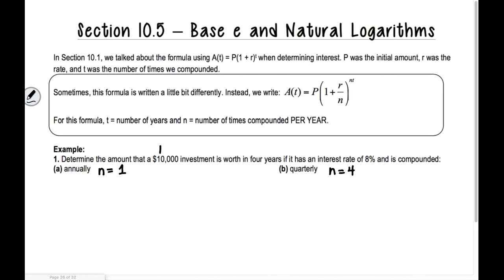Our P value is the $10,000. Our r value is 0.08. That's how we write 8%. So the amount after 4 years, t equals 4, is our initial amount $10,000 times 1 plus our rate 0.08, divided by the number of times we're compounding, which is 1 in this case, raised to the 1 times 4.